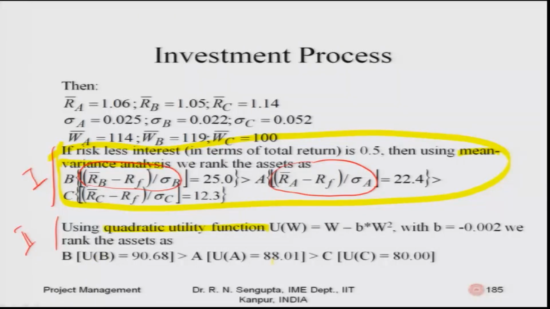For A it comes out to be 88.01, for A 114. The weights are not the weights, the wealth is given. For C it is 80.00, again for C it is given as 100. So, once you rank them using the quadratic utility function concept, the utility of B is higher than A and A is better than C.